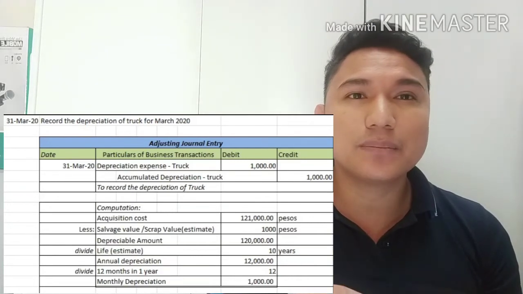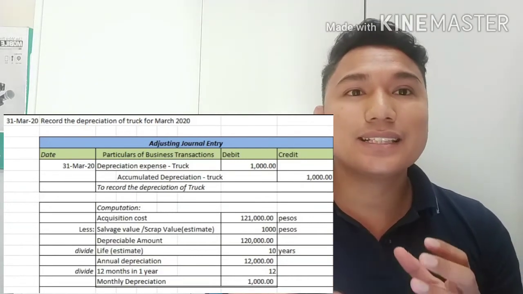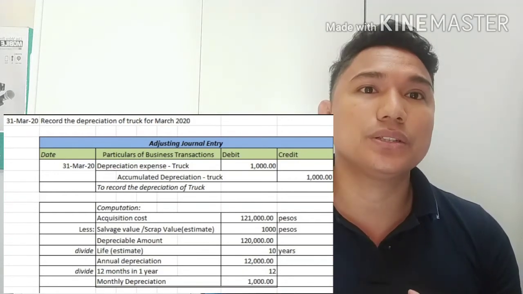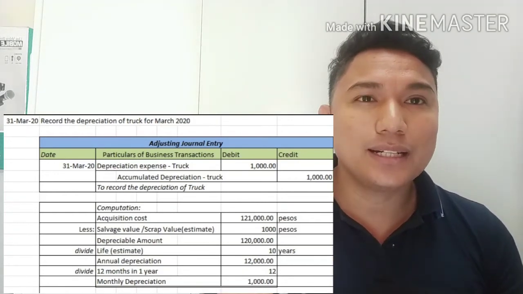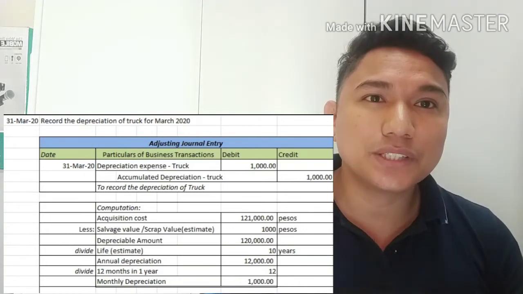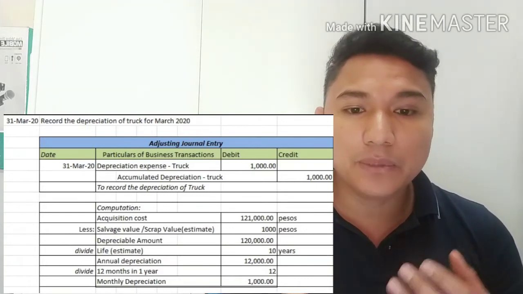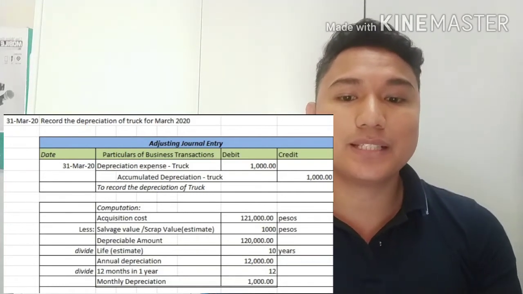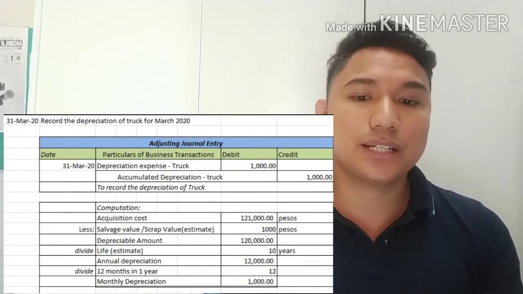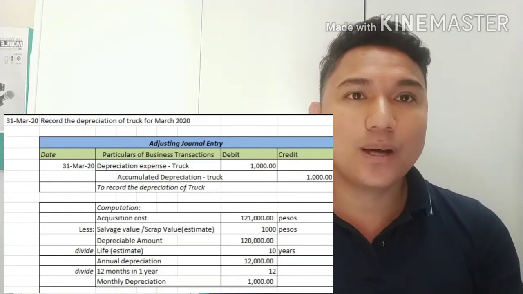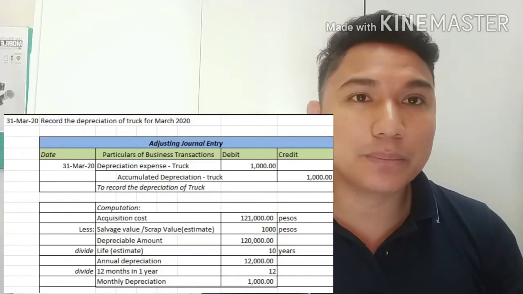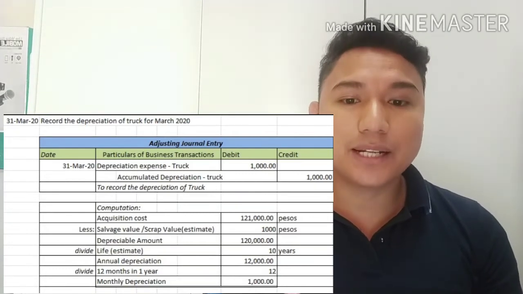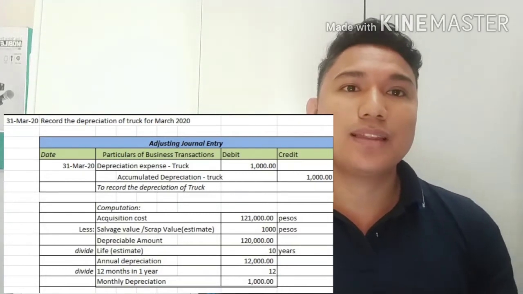Our asset is getting older, so the value of this asset is getting lower also. So from 121,000, the value of the truck became lower by 1,000. We put this 1,000 into an expense account called depreciation expense, truck. What is the entry? Debit depreciation expense, truck, and credit accumulated depreciation, truck, 1,000.